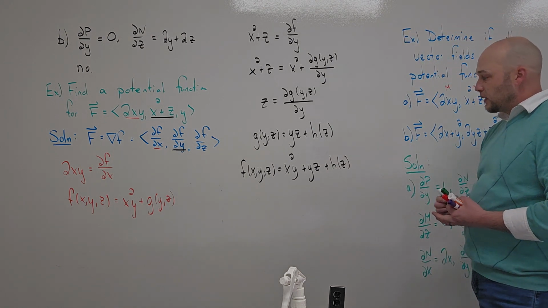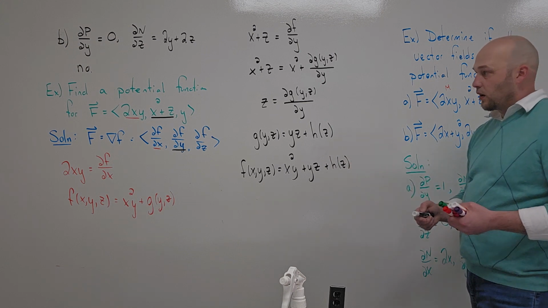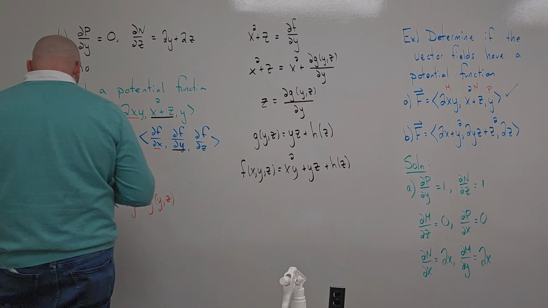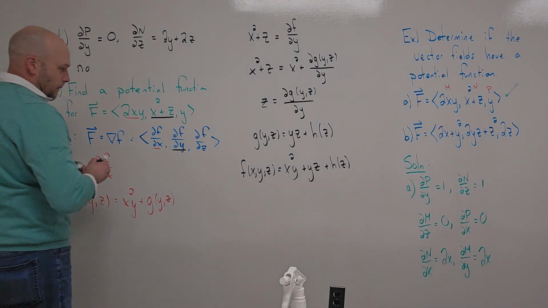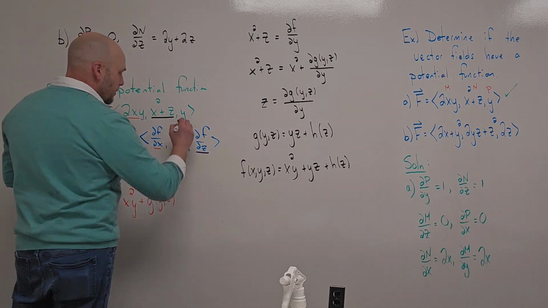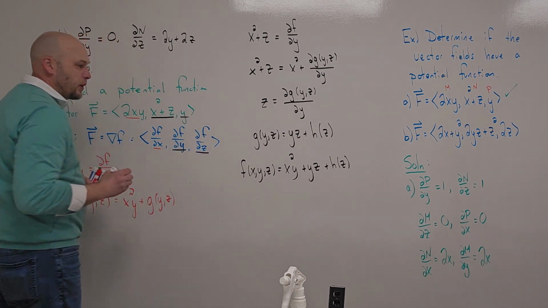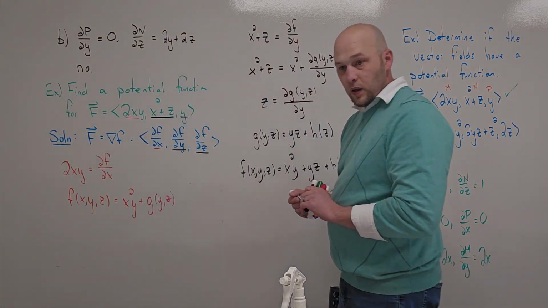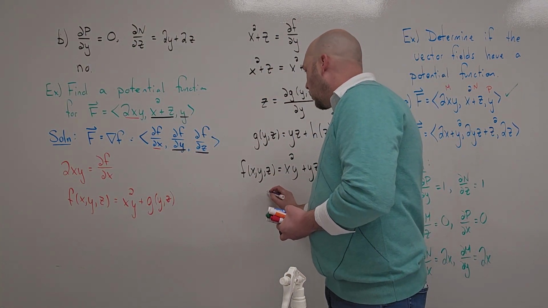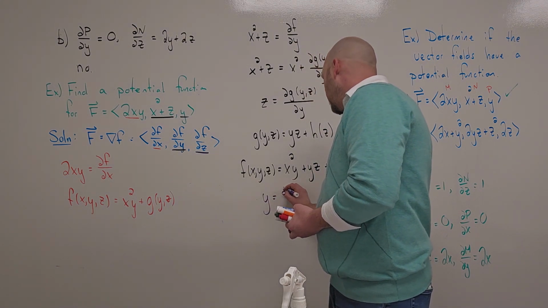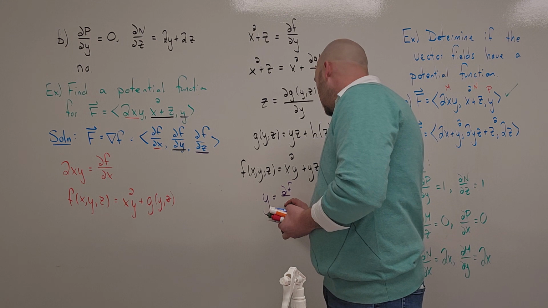Finally, I have to solve for h of z, figure out what that would be, and we can pin that down using the third component here, that the partial derivative of the scalar function f with respect to z must be y. All right? So this gives me that y is equal to the partial derivative of f with respect to z.